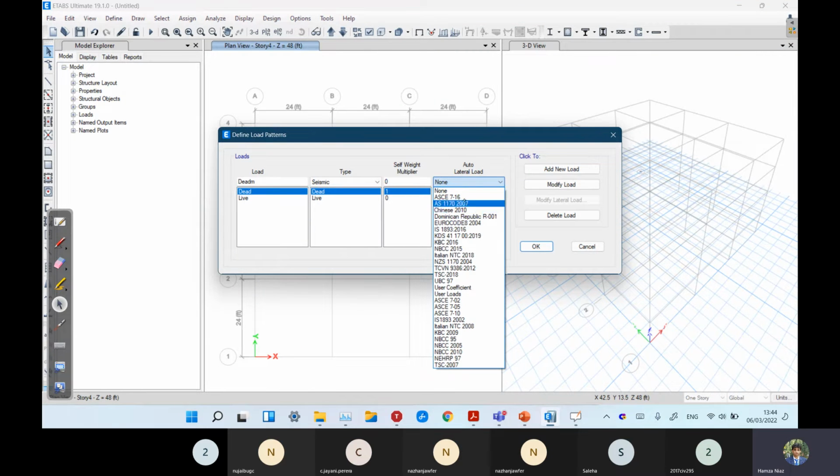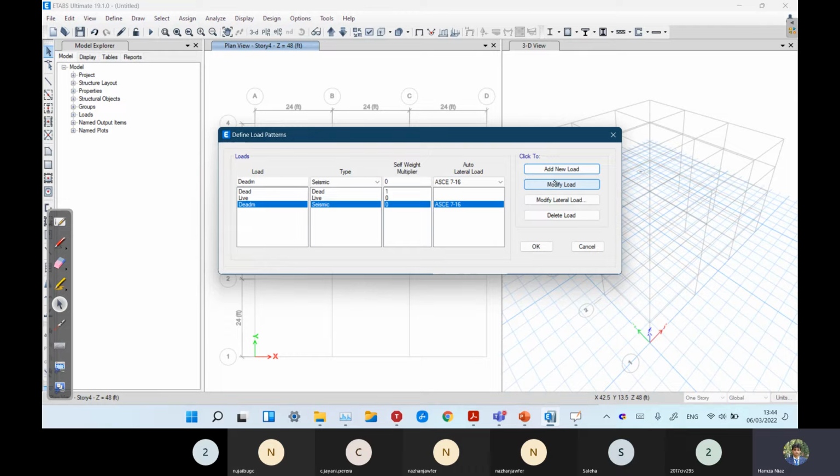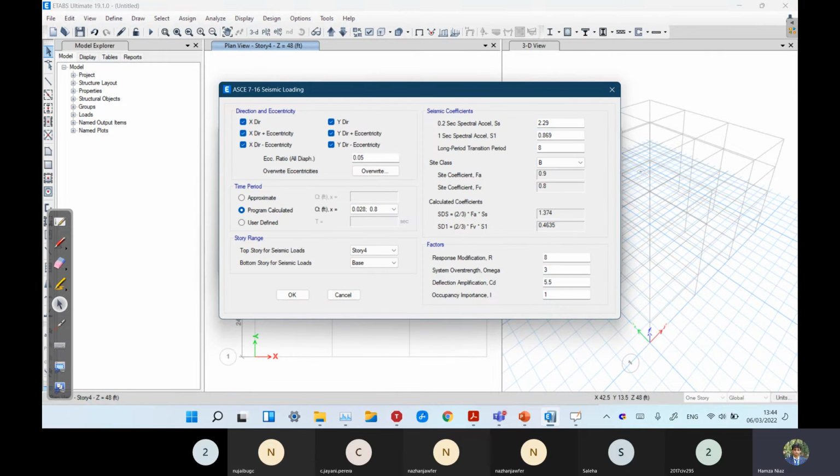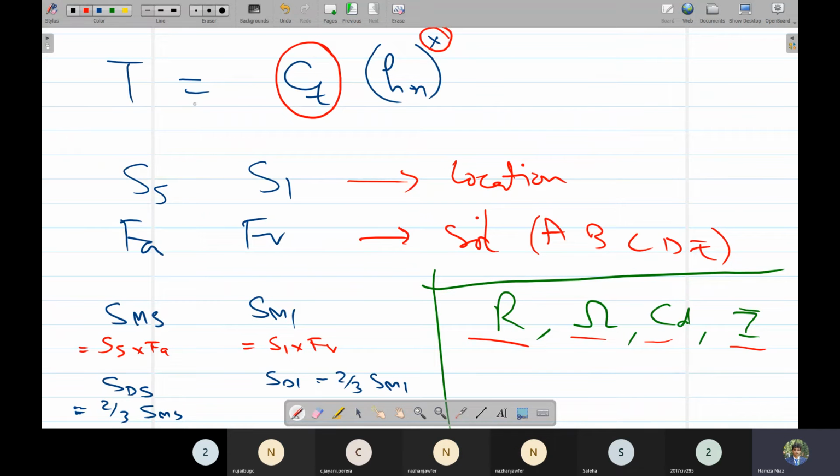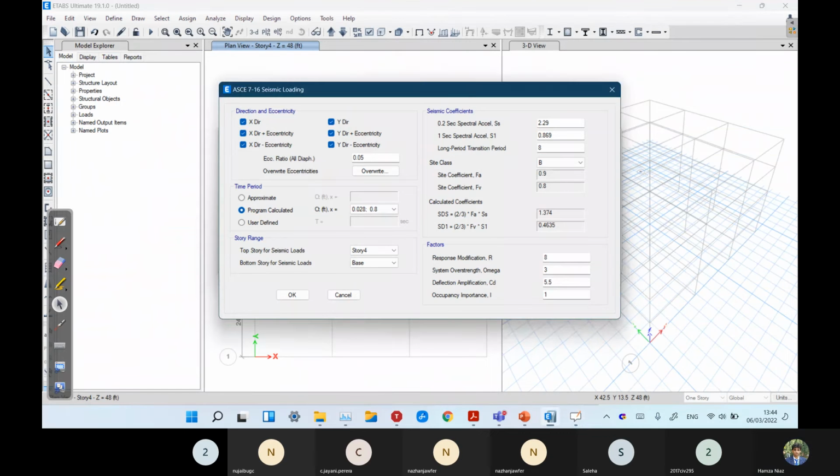According to ASCE, add new load, modified load. If we check this, they require CT and X. The first factor we have written is CT and X. So CT and X are required. Then the story, and that's explanatory.